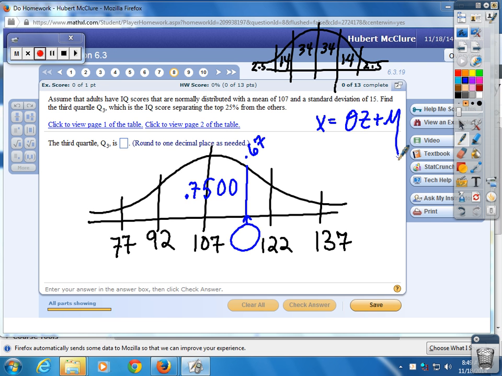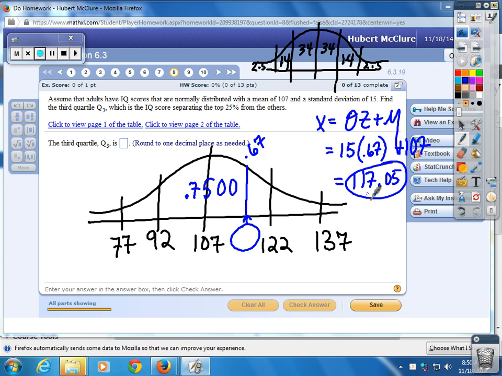Now, x is equal to sigma z plus mu, so that's 15 times 0.67 plus 107. Somebody crank that out for me. 117.05. 117 point what?